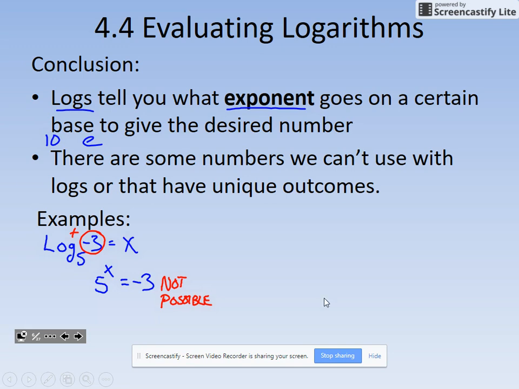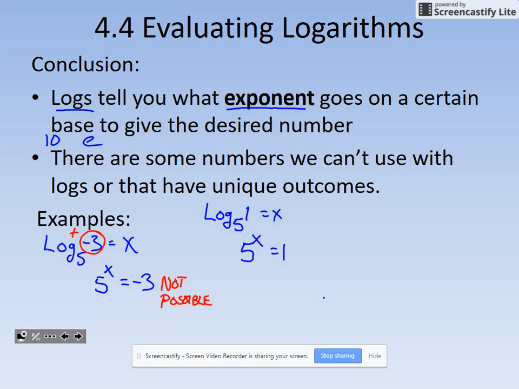Okay, let's think of another couple special cases here. What if I have log base 5 of 1 equals some number? So what this means is 5 raised to the power of x equals 1.